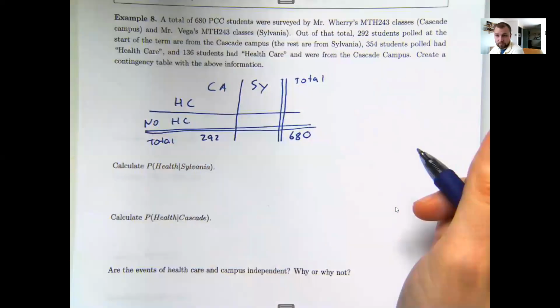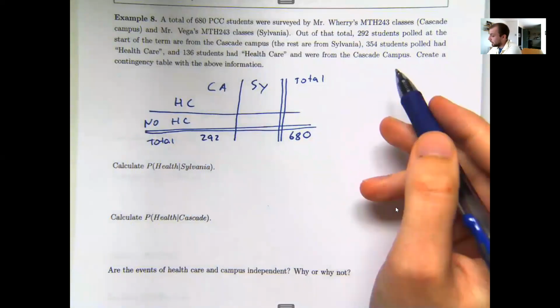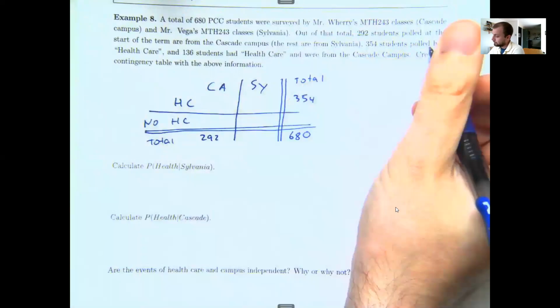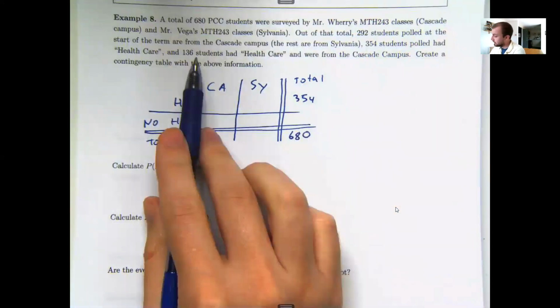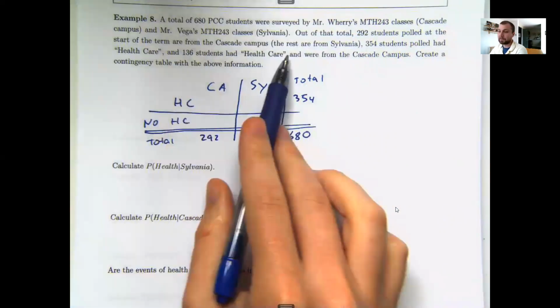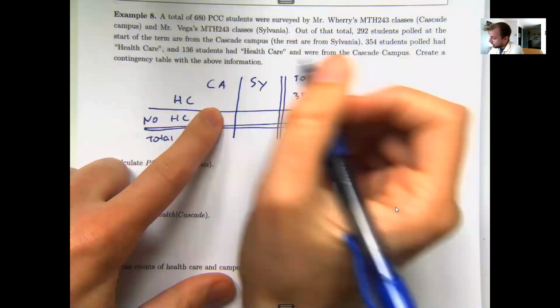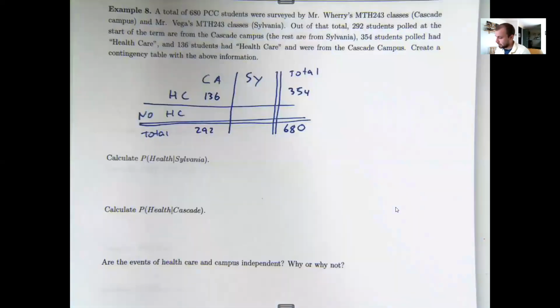Okay, great, I can solve that. 354 in total had healthcare. The rest did not. 136 had healthcare and were from Cascade. So this is going to be where healthcare meets Cascade. Healthcare meets Cascade, 136. I'm going to find the rest of these numbers just by doing some subtraction.